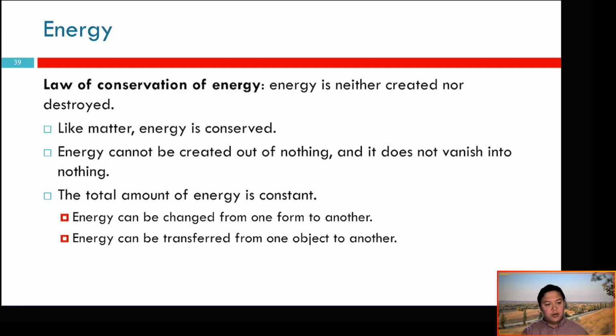So energy is neither created nor destroyed. Like matter, energy is conserved. So energy cannot be created out of nothing, and it does not vanish into nothing. It always goes somewhere, or comes from somewhere. The total amount of energy is constant. But there are a lot of different forms of energy, and we can transfer energy from one object to another.